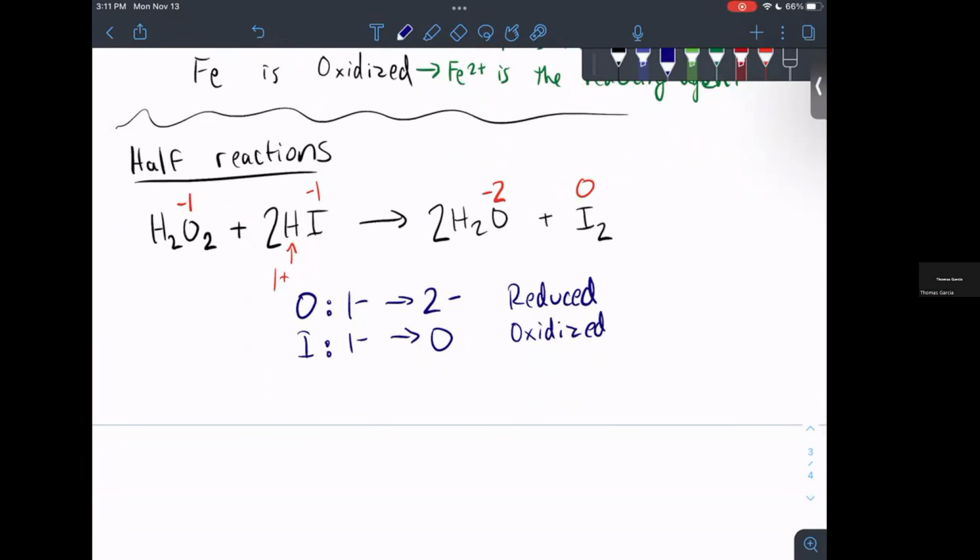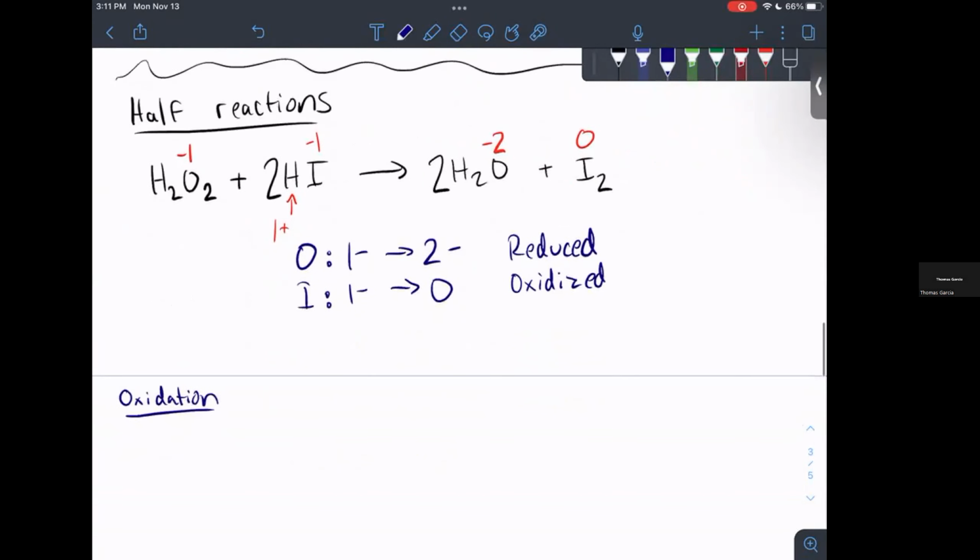So let's go ahead and first look at our oxidation half reaction. So in our oxidation, we're only going to look at the thing that's being oxidized. So we see that we have 2HI turns into I2. We also must define whether we are in an acidic or basic constraint.